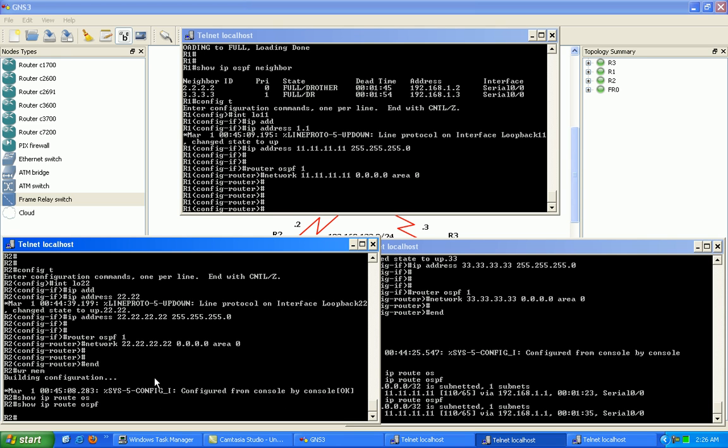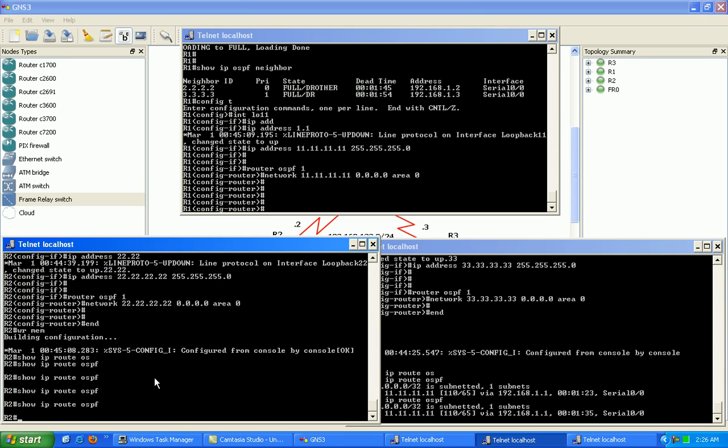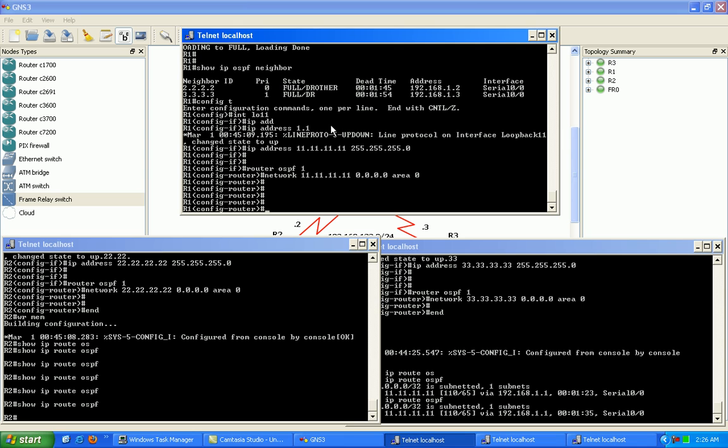OSPF, and we are not seeing any routes yet advertised in OSPF.